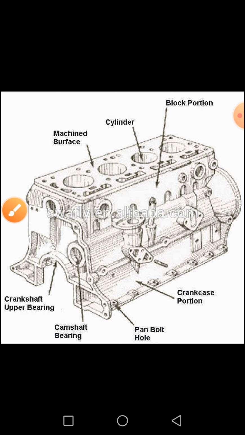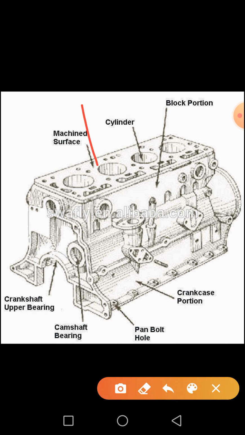The upper portion of the cylinder block will connect to the cylinder head, and the bottom portion of the cylinder block will connect to the oil pan or oil sump.